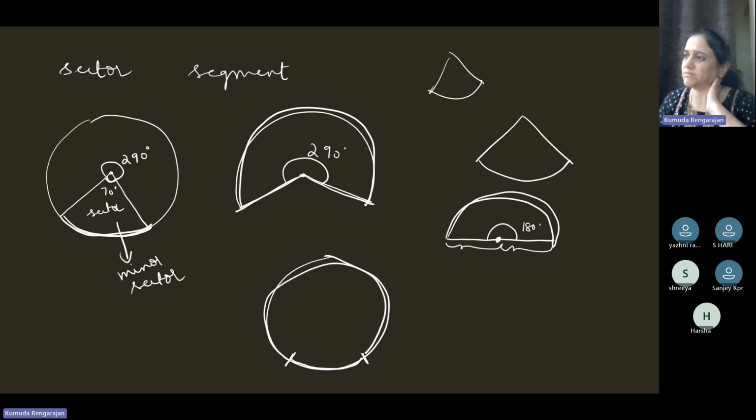It's also a sector because it satisfies the definition: radius and arc. So if the sector angle is equal to 180 degrees, it's a semicircular region. If the sector angle is less than 180, minor sector, more than 180, major sector. So a major sector looks something like this. A minor sector looks like this.